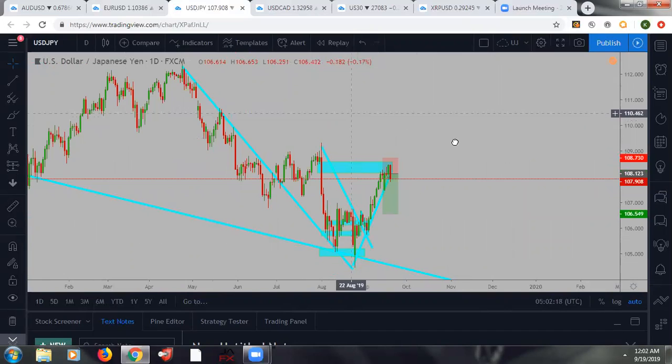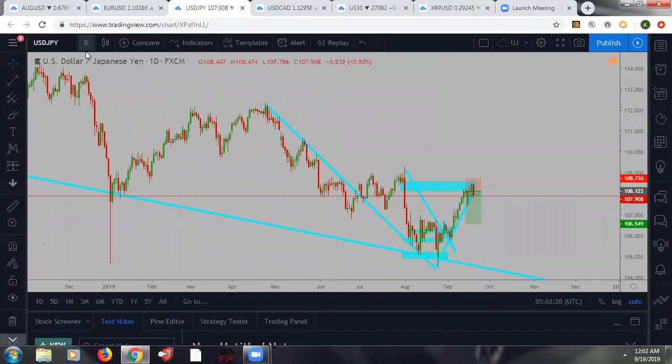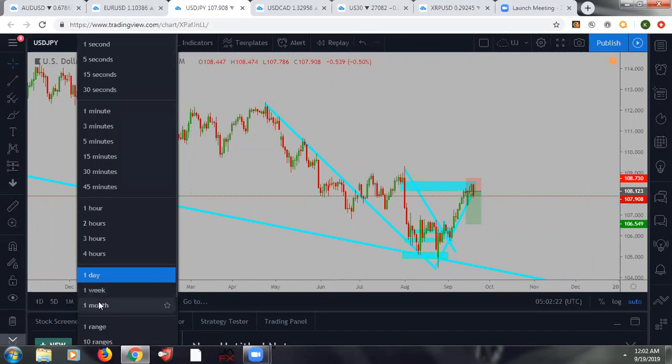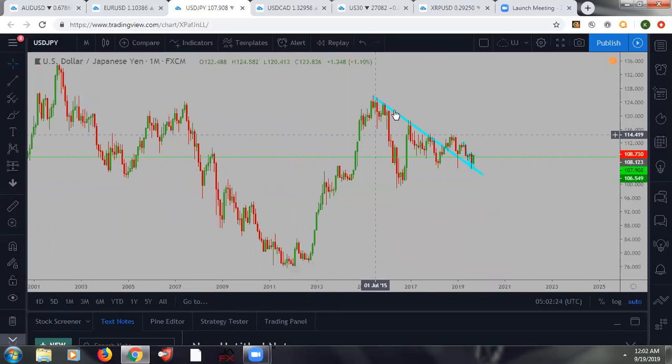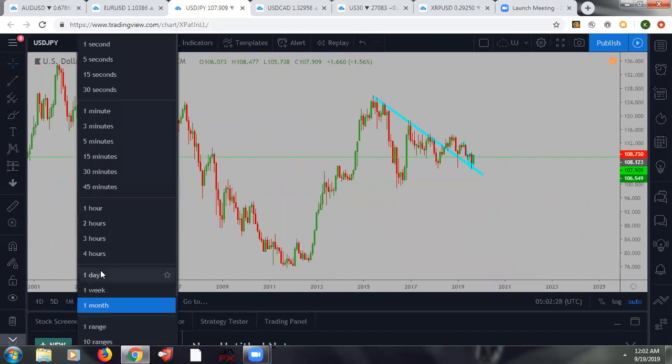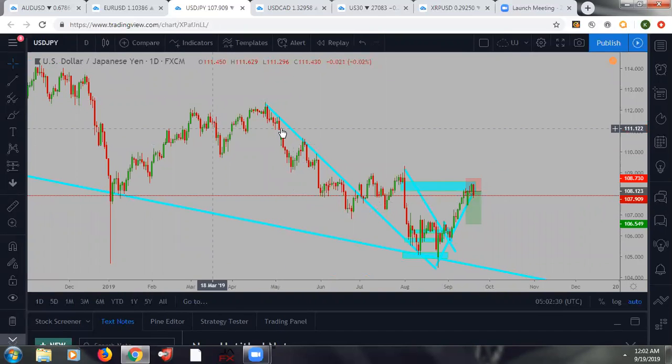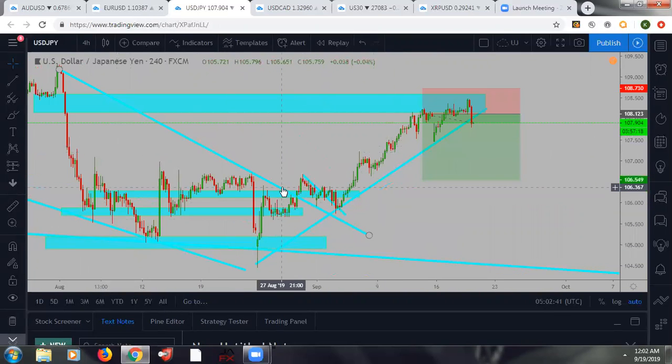So first of all, when we look at it daily, let's look at the monthly just to give us that reference again. So when we look at the monthly, we see the market break away from this bearish trend line and retest, and we see wicks on the downside. Opposed to that, we do see the market maintain that support and resistance level when it comes down to this general direction. So it's not pushed above that.